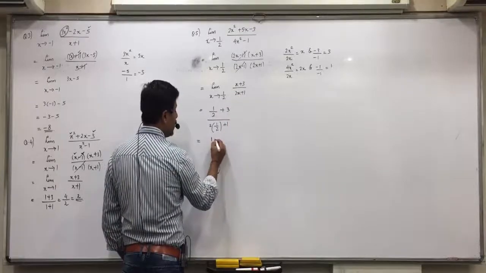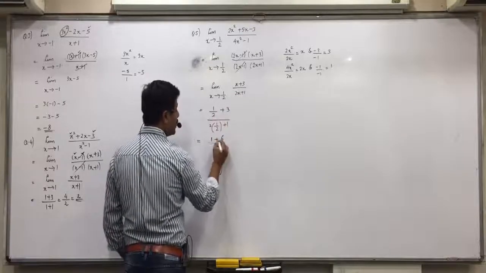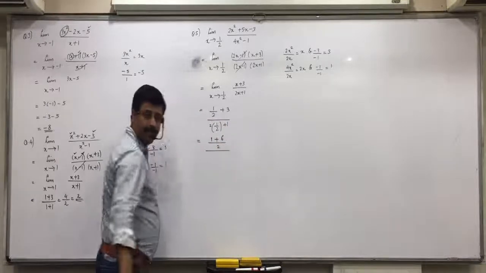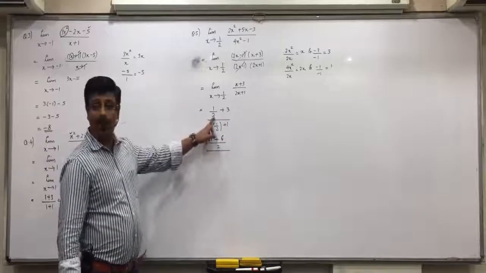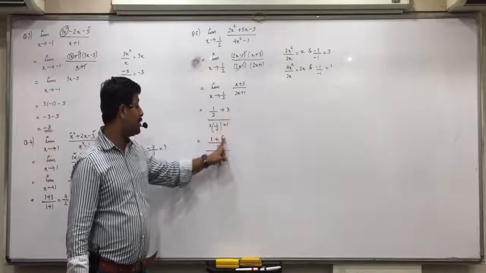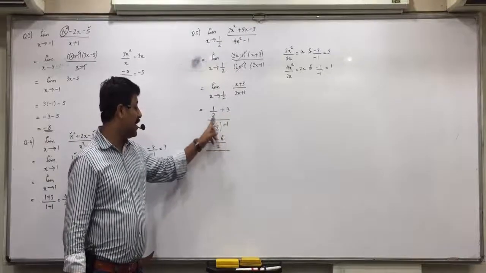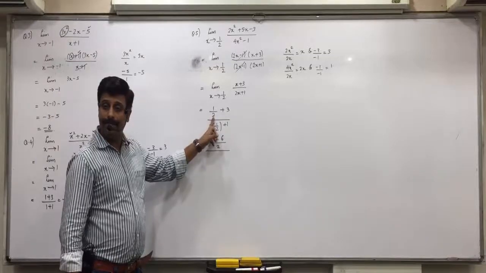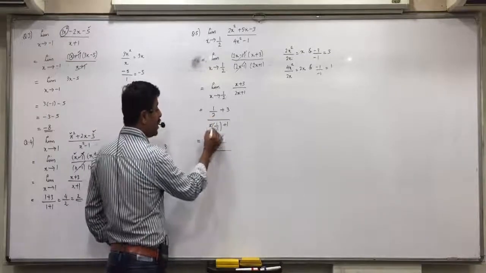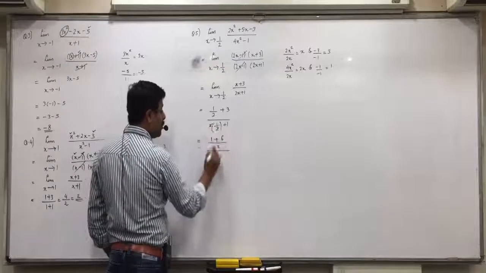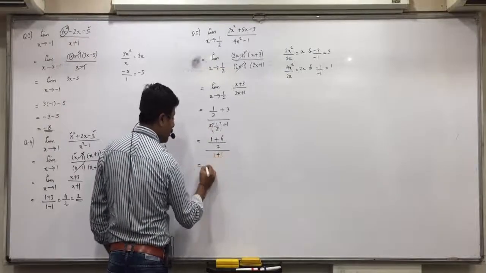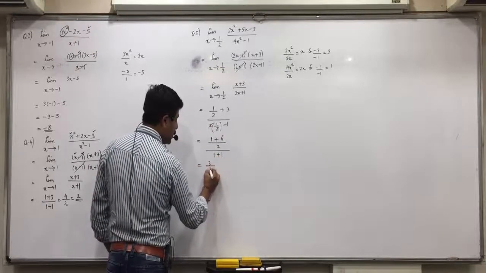Now, if you do the LCM, 1 plus 3 into 2, 6 divided by 2. I repeat it, 2 into 3 becomes 6. So 1 plus 6 divided by 2, LCM. Got it everyone? And here 2 gets cancelled, so 2 into 1 by 2 is simply 1, plus 1. So 7 by 2 divided by 2.